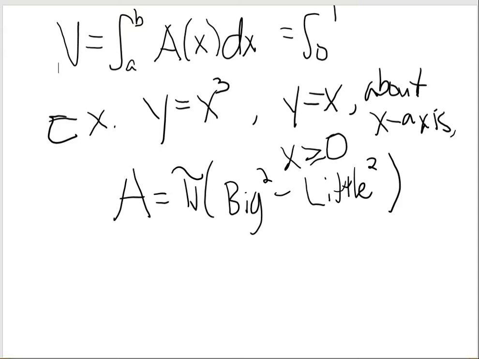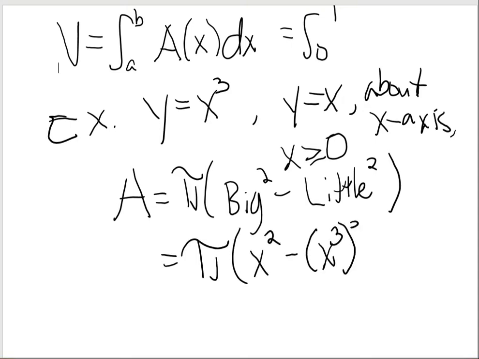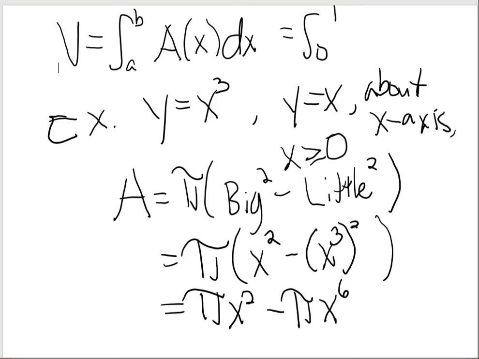So we could graph this on 0, 1, you have x, and then you have x cubed. So x cubed goes on the bottom. So because of that, this will be pi x squared minus pi x cubed squared, or pi x squared minus pi x to the 6th. So that's what we're going to be integrating.